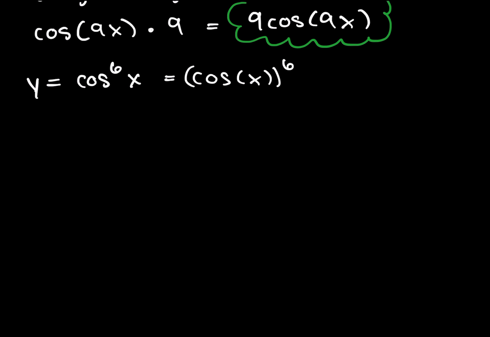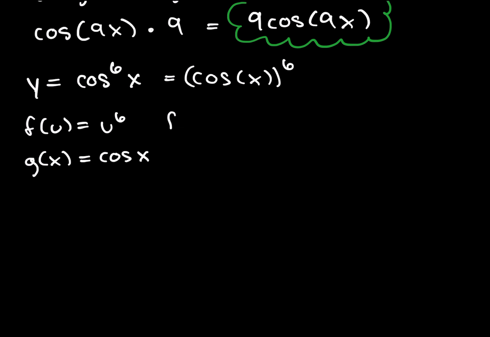So knowing this, we could figure out that our f of u is equal to u to the 6th, as we have a function inside being raised to a power. And our g of x is equal to cosine x.